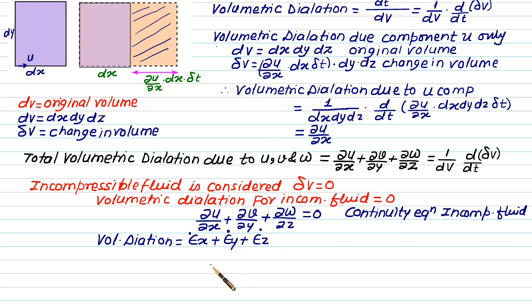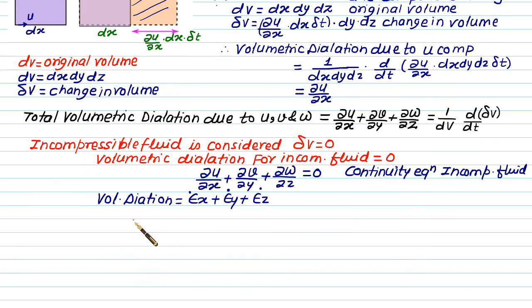In standard notation, it is represented as 1 by V, the material derivative d/dt of volume V, which is the same as 1 by V into dV by dt, is the same as epsilon dot x plus epsilon dot y plus epsilon dot z, and this value is equal to 0 for an incompressible fluid.